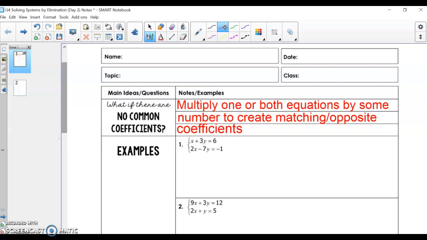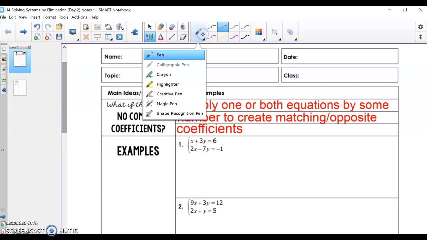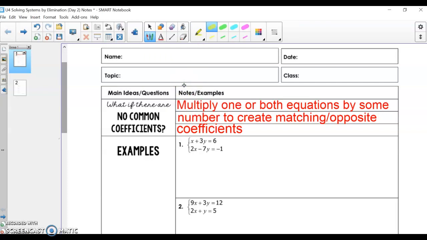Looking here, as I said, I have x and 2x, and I have 3y and 7y. So I want to think, is there something that I can multiply one of these equations by so the coefficient is the same as the other problem? It's kind of what it comes down to.